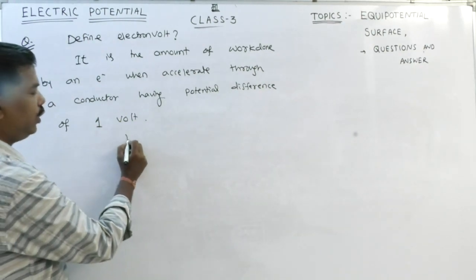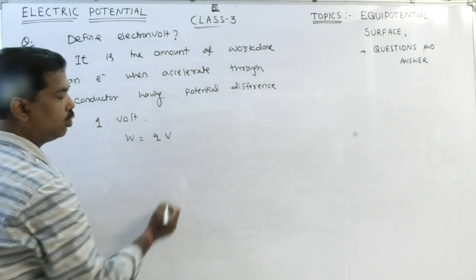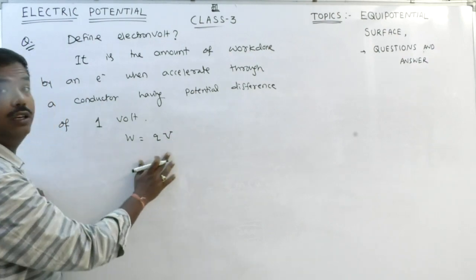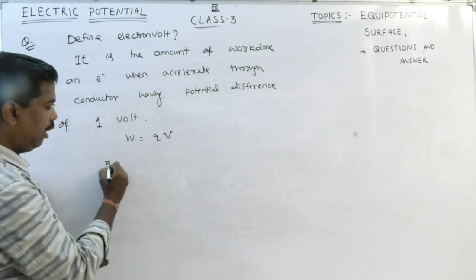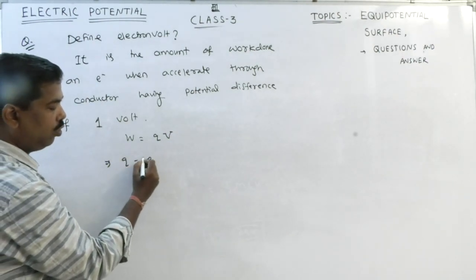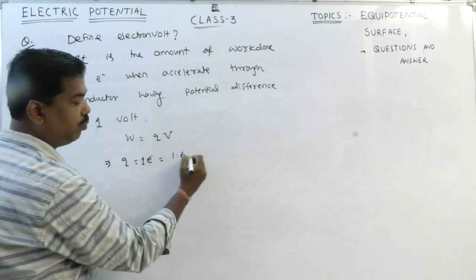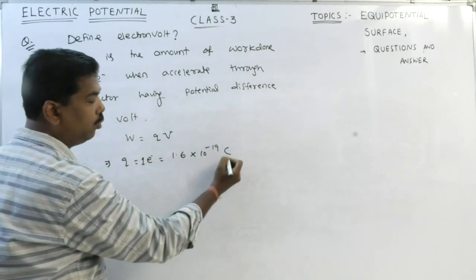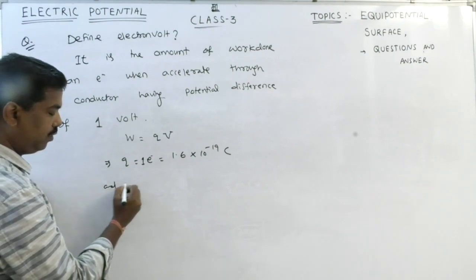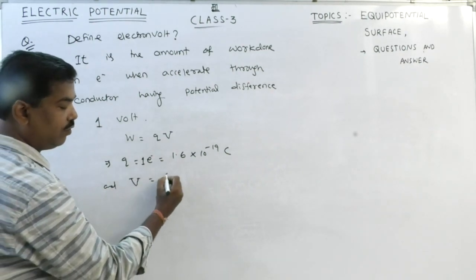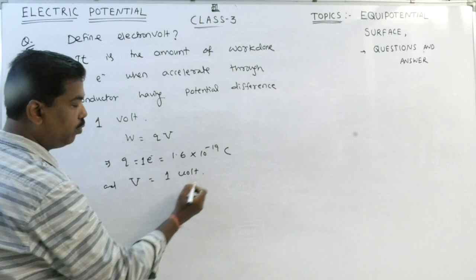It means, as we know that W is equal to QV, charge into potential difference. Here Q is equal to 1 electron, meaning 1.6 into 10 to the power minus 19 coulomb, and potential difference is given as 1 volt.